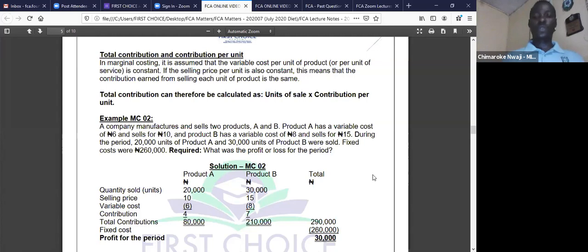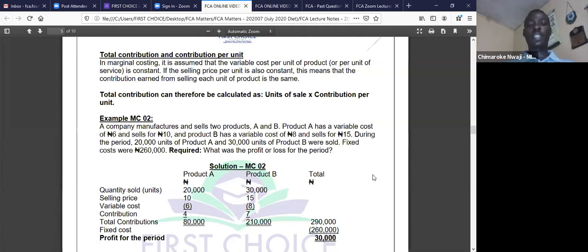Now look at the way we do it. Okay, we look at the quantity sold. For product A it is 20,000, for product B it is 30,000. In total, you don't put anything there. Okay, the selling price is 10 naira.